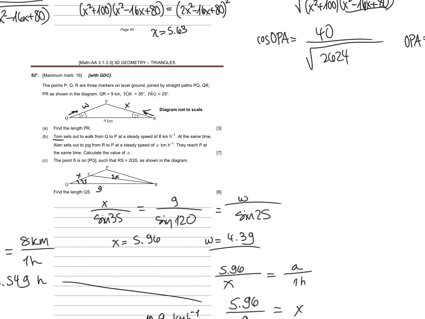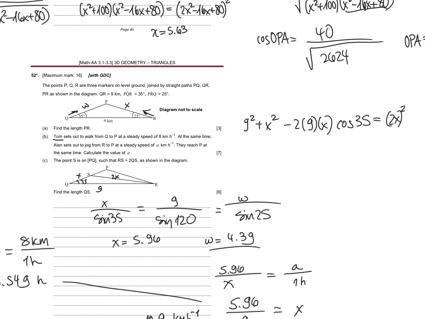We are going to have 9 squared plus x squared minus 2 times 9 times x cosine 35 equals 2x squared.